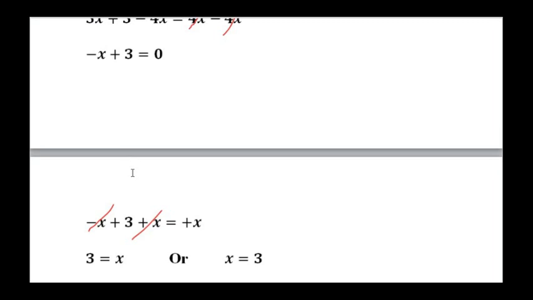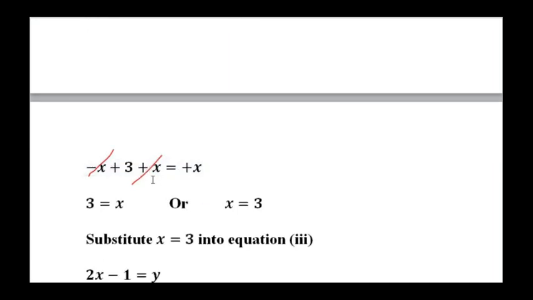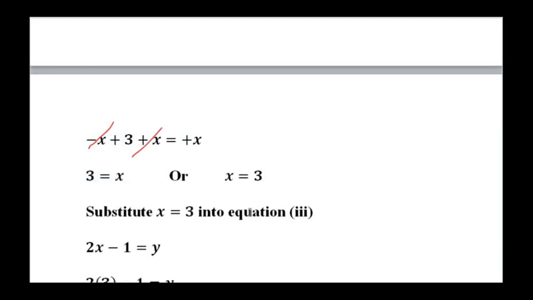Now, in the next step, I will add positive x to both sides of the equation. We get -x + 3 + x = x. This will result in 3 = x, or x = 3.